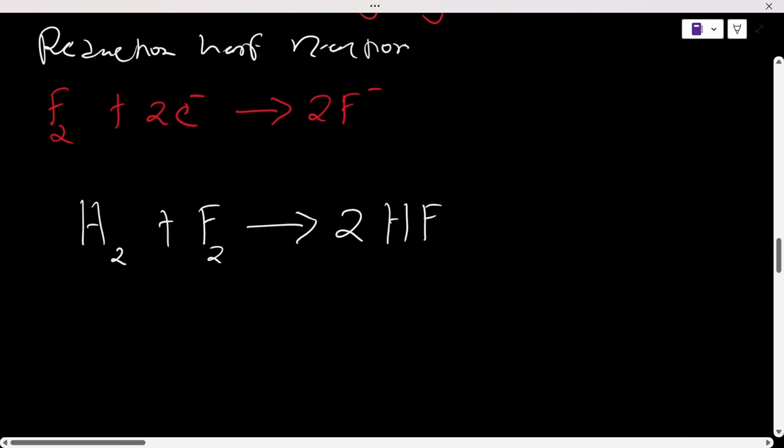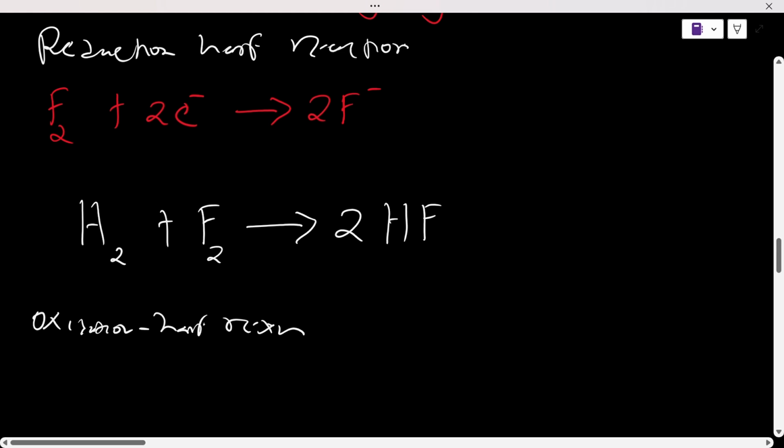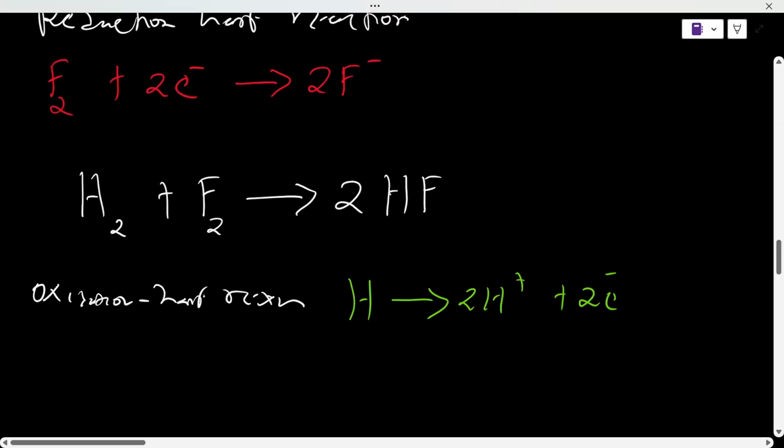Now, if I want to explain the oxidation nature, what am I going to say? I'm going to say the oxidation half reaction was done by hydrogen, when hydrogen formed 2H positive, it gave us 2 electrons.